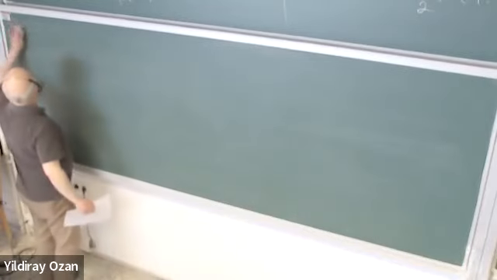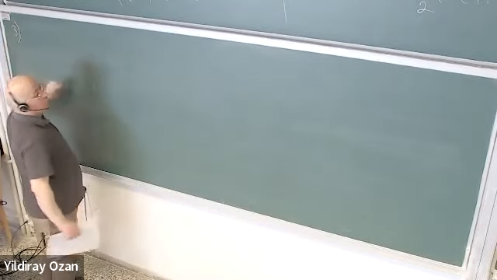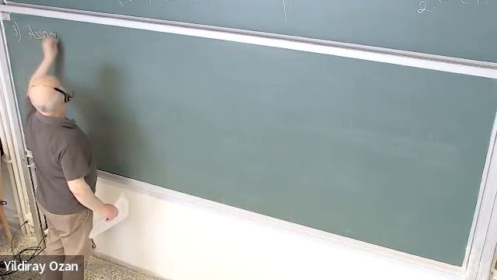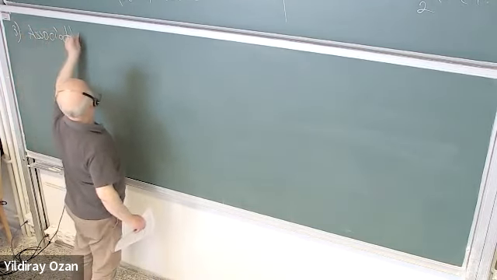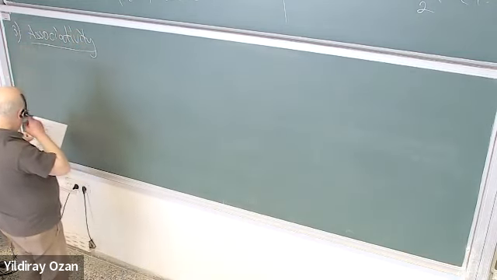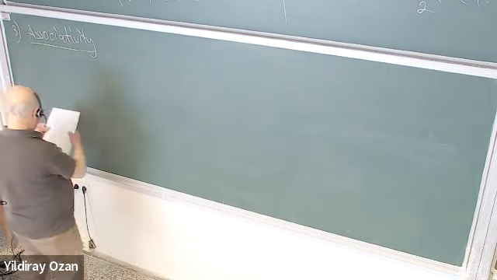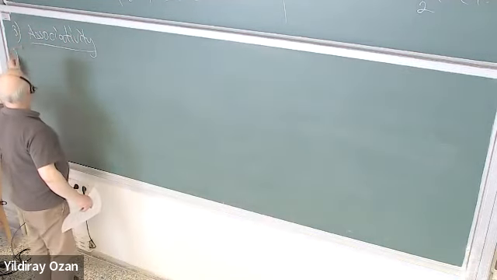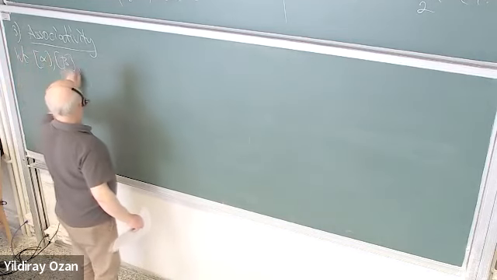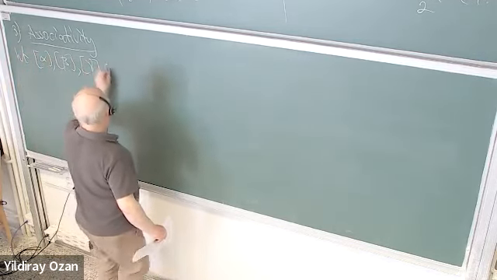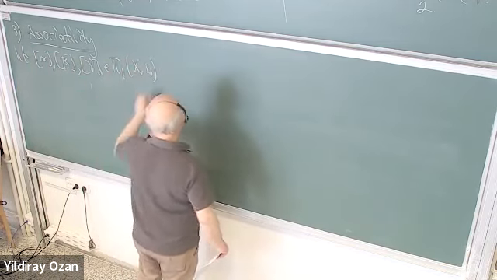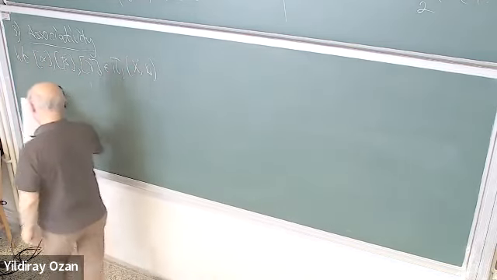Okay. The third group axiom is associativity. So let alpha, beta, gamma be 3 elements in this object.